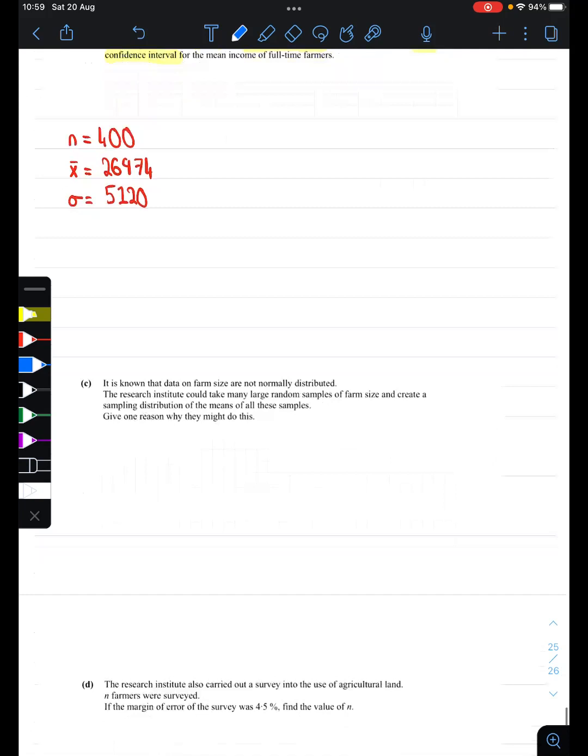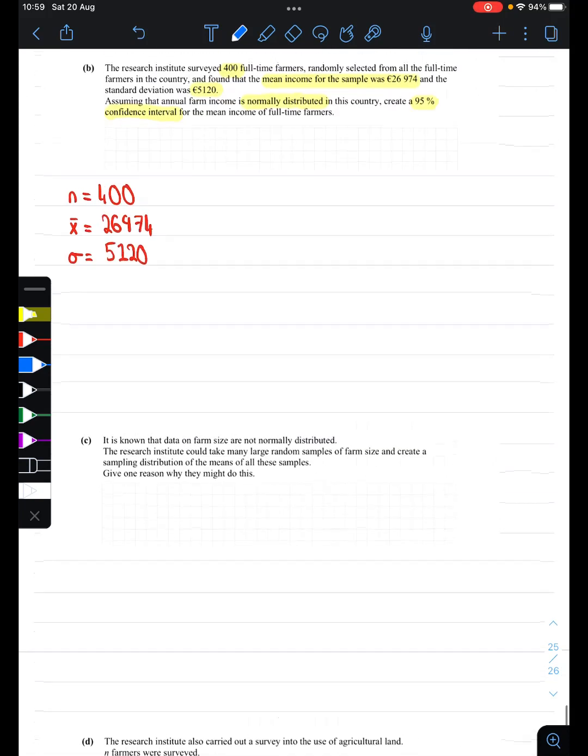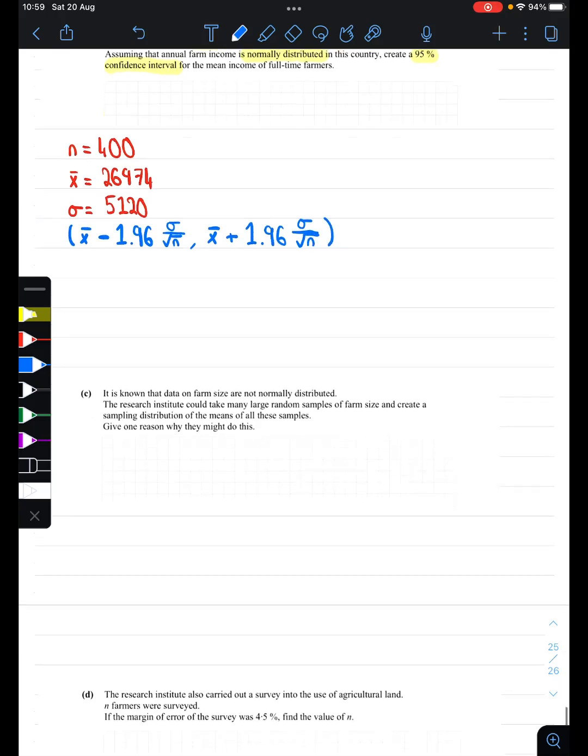Okay, so as we talked about in the last question, we have our formula for a 95% confidence interval with a lower limit of the sample mean minus 1.96 times the standard deviation over the square root of the sample size. That's our lower limit. And then an upper limit of the sample mean plus 1.96 times the standard deviation over the square root of the sample size.